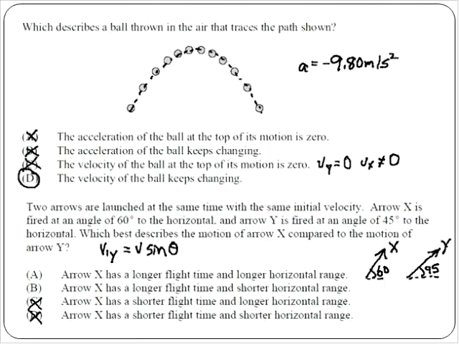Okay, and if you don't believe me, just try a few numbers. Try, for example, working this out by saying that the initial velocity was 100 meters per second, and get your different values for Vx and Vy. See how long it stays in the air. See how far it travels. And you will find that arrow X is in the air for a longer amount of time, but it doesn't go as far. So B would be the correct answer there.